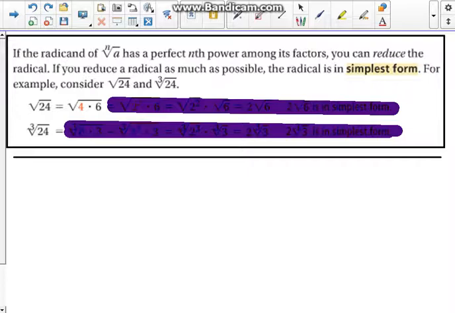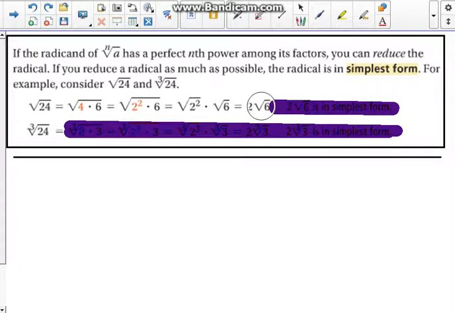So we have 4 times 6, and we can rewrite 4 as 2 squared times 6. That is equal to the square root of 2 squared times the square root of 6, which is equal to 2, since the square root of 2 squared is 2, and we leave the square root of 6. So 2 square root of 6 is in its simplest form.